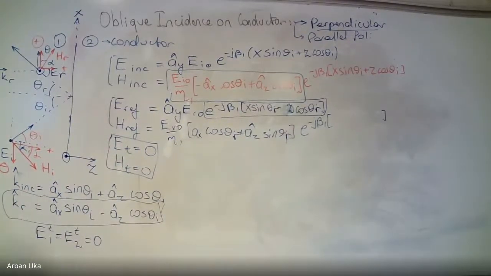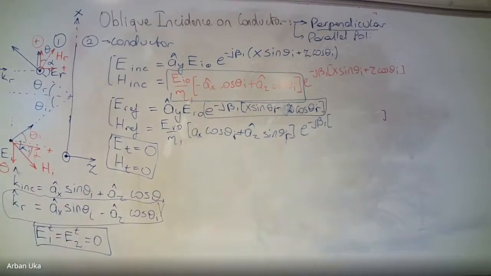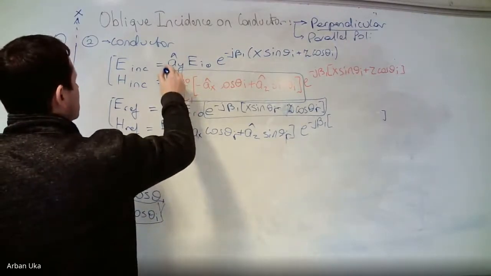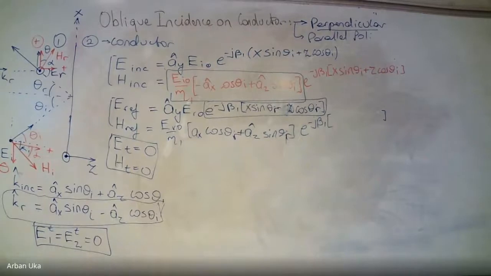We should now write down this specific boundary condition. We have to write only the components along the AX.